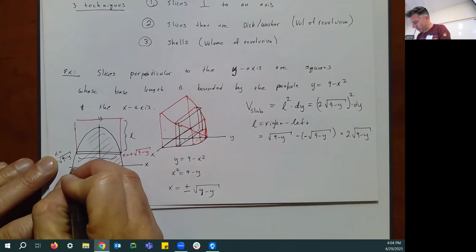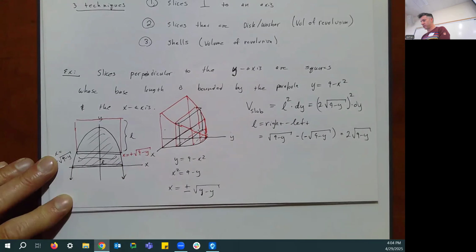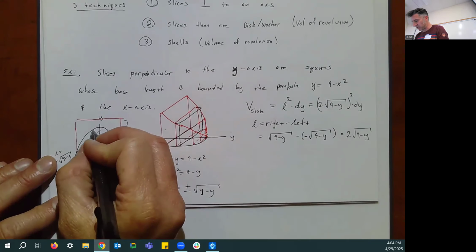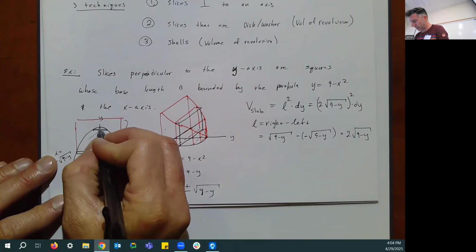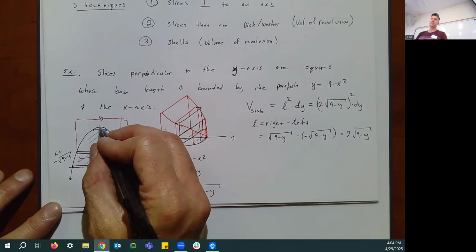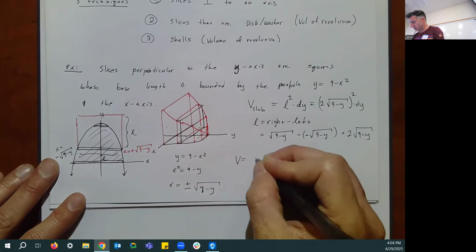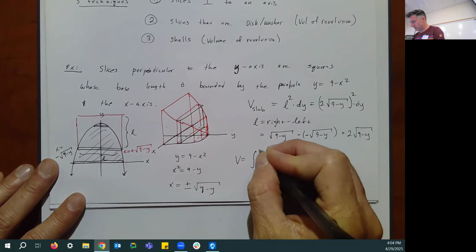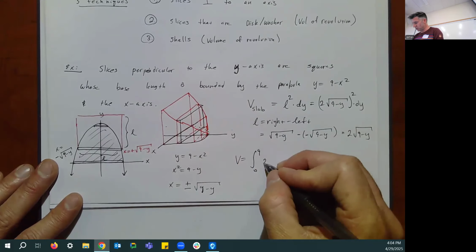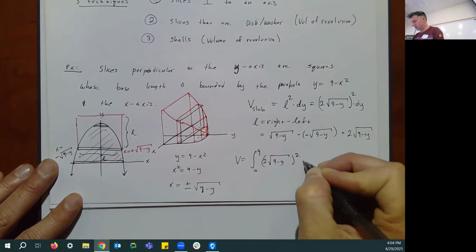We're going to integrate from as low as our slabs can go, which is down at y equals 0, to as high as our slabs can grow, which is up here at y equal to 9. Right, because the top of that parabola is (0, 9). So my volume is going to equal the integral from 0 to 9 of 2 times the square root of 9 minus y, squared, dy.